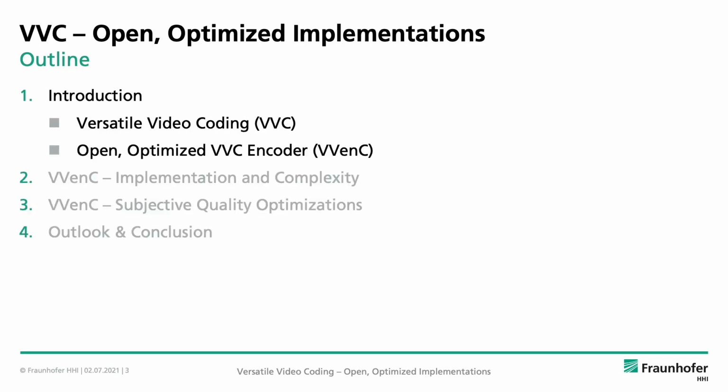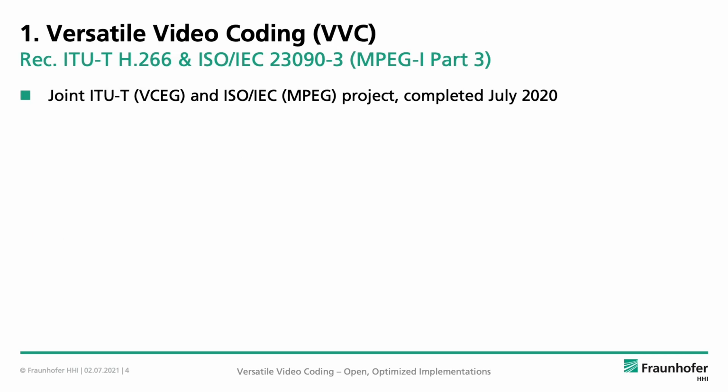In the introduction, we will now start easy with versatile video coding, and then I will introduce our open optimized VVC encoder VVEnc. Versatile video coding, or VVC, is a joint ITU-T and ISO-IEC project which has been completed in July last year.